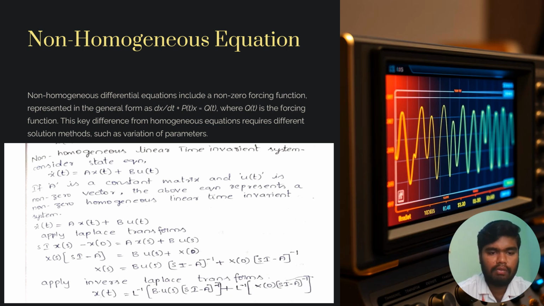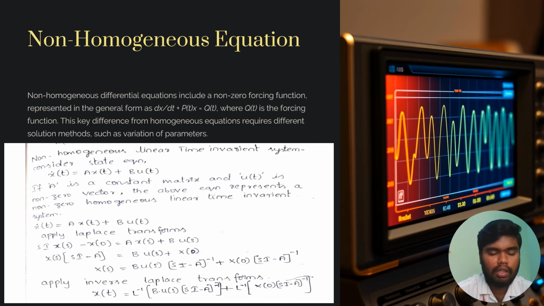Applying the Laplace transform to this equation, it becomes sX of s minus x of 0 is equal to A into X of s plus B into U of s.